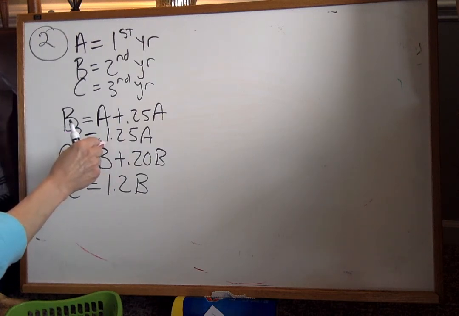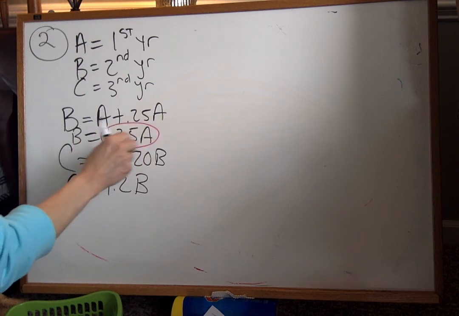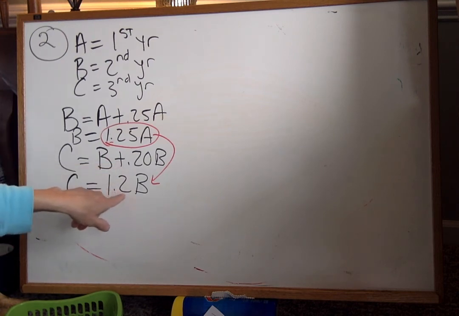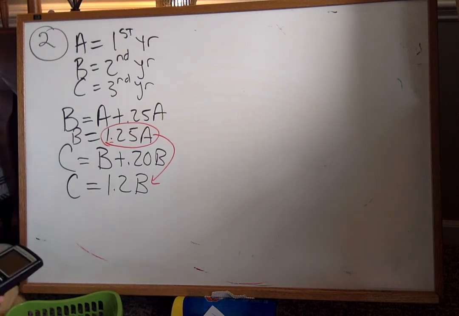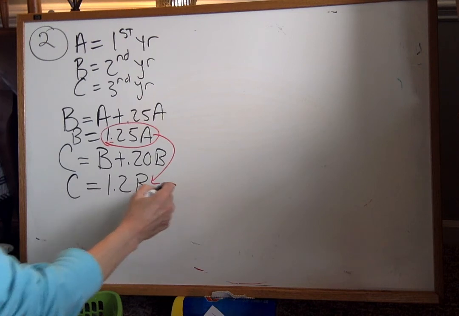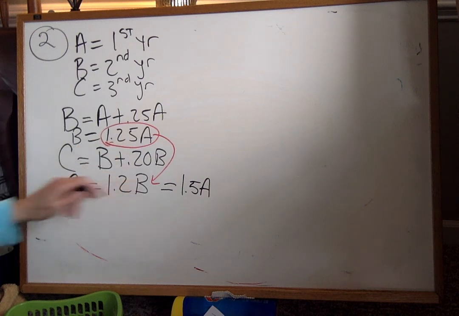Look, you know what B is. You could put that in there if you wanted C in terms of A. 1.2 times 1.25 gives you 1.5. So this now equals 1.5A, just in terms of A, because I put that in there.